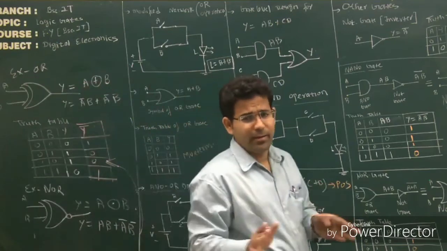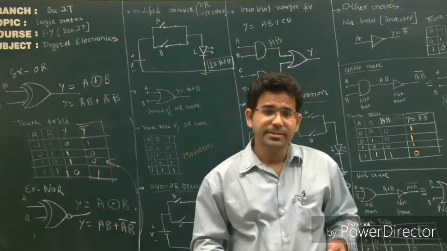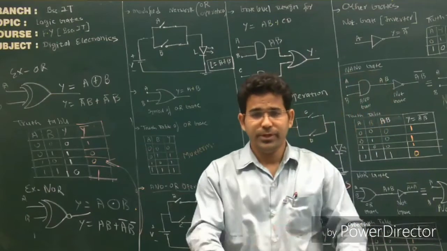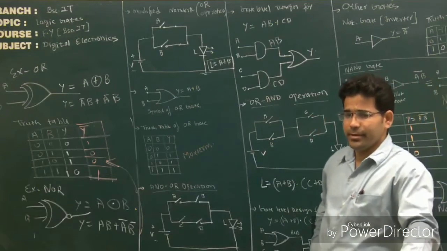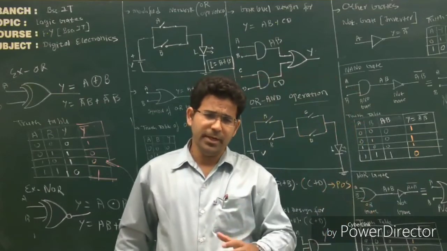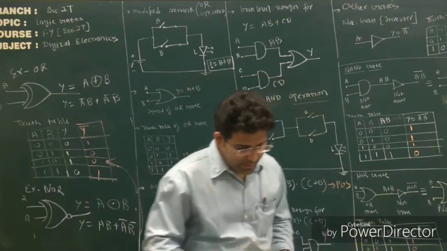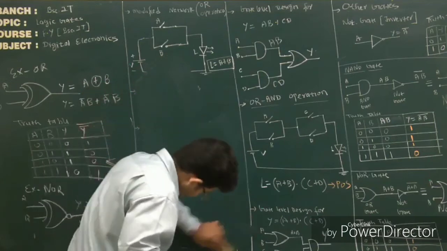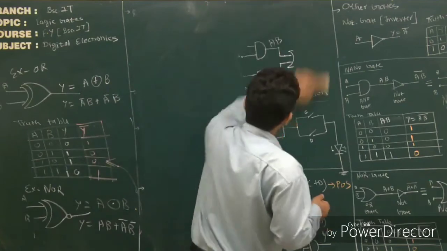So these are basic gates in digital electronics. Now let's discuss one example where these XOR and XNOR gates can be used in a digital circuit. For example, if you have to design a logic circuit to allow a signal from input to output under certain condition.